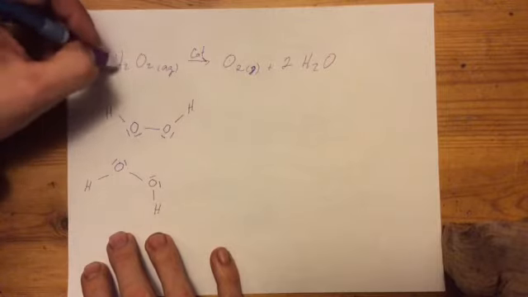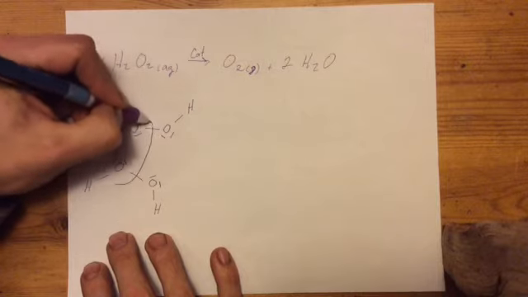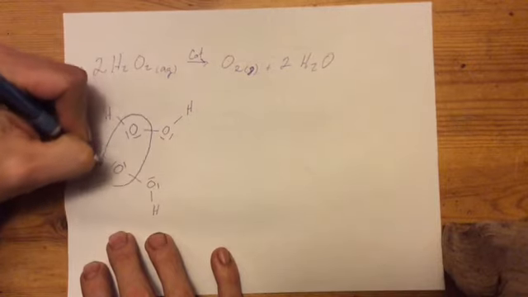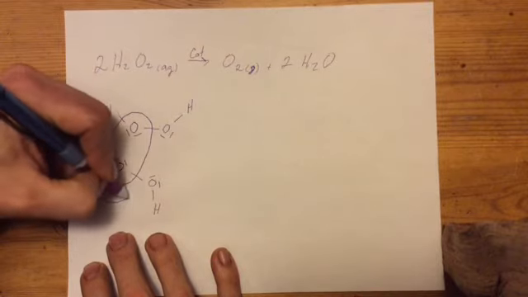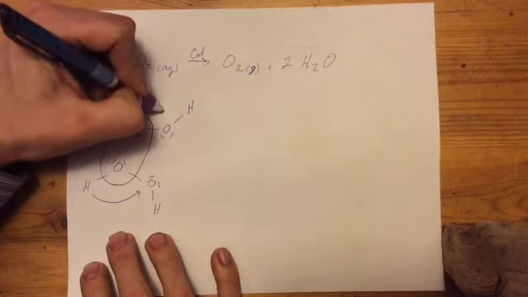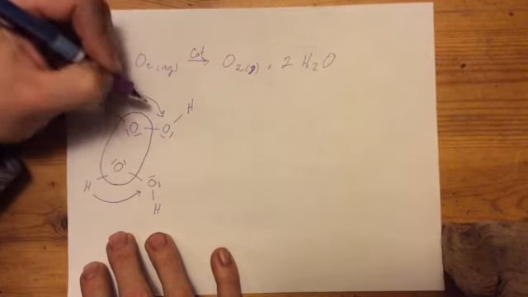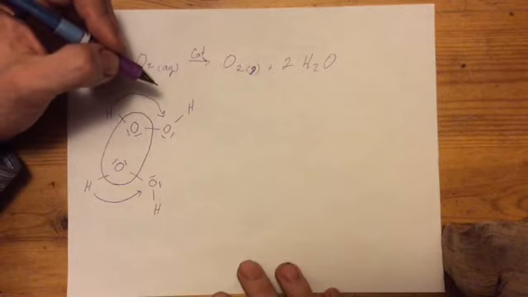So what has to happen for this to fall apart is two hydrogen peroxide molecules have to come together, like you see here. And then this hydrogen has to jump over to that oxygen, and this hydrogen has to jump over to that oxygen. And in molecular terms, that's a lot.